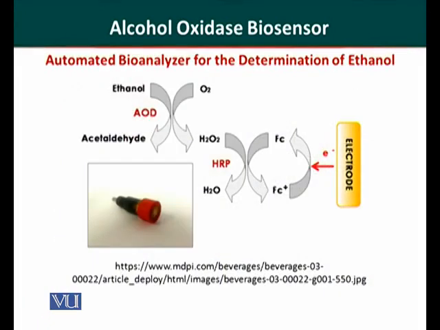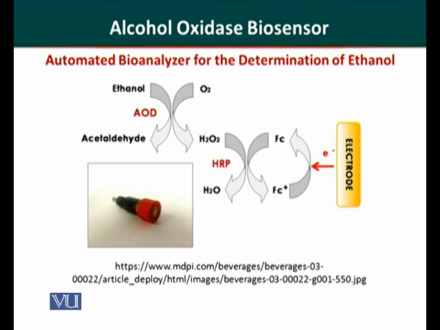You can see it here. Alcohol oxidase basically oxidizes alcohol into acetaldehyde, and the hydrogen peroxide which is produced as the result of this catalysis is utilized by horseradish peroxidase, and that is detected by the electrode as a signal. This small automatic bioanalyzer is successfully used in industry for the determination of alcohol in process technology.